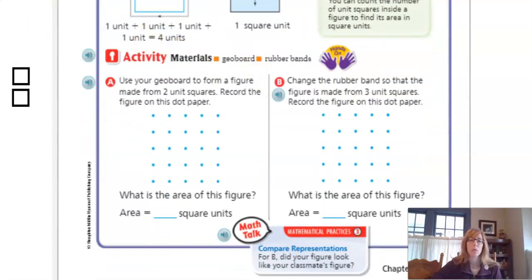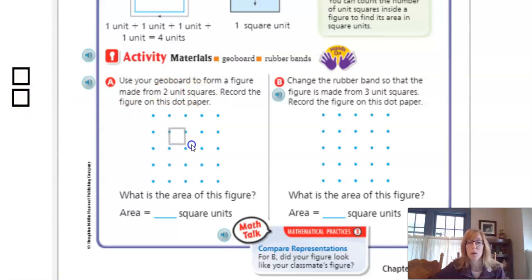So let's go over here. It says use your geoboard. So hopefully you're at the bottom of your book page. This is your geoboard. We don't have rubber bands, but you're going to be drawing. It says use your geoboard to form a figure made from 2 square units. So I have my square units over here, and I'm going to pull them over.